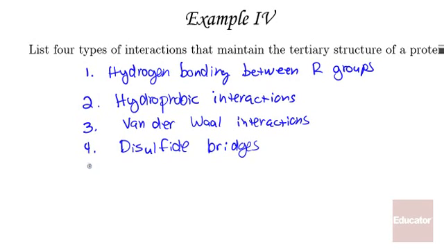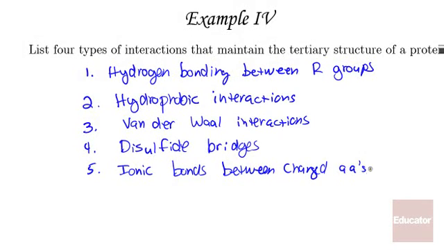So this was 4, but a 5th one is ionic bonds between amino acids that are charged. So here's 5. Any 4 of these would answer the question of the 4 types of interactions that maintain the tertiary structure of a protein.